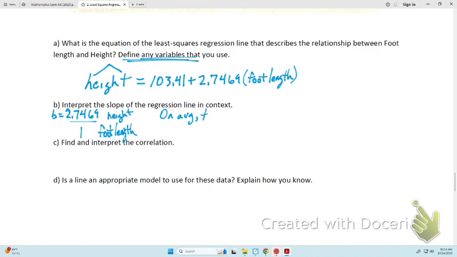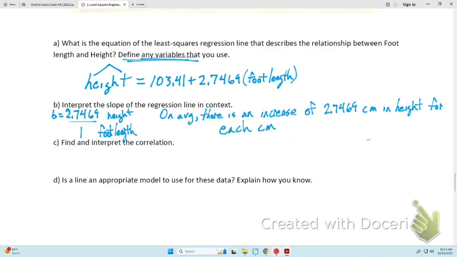There is an increase of 2.7469 centimeters in height for each centimeter of foot length.